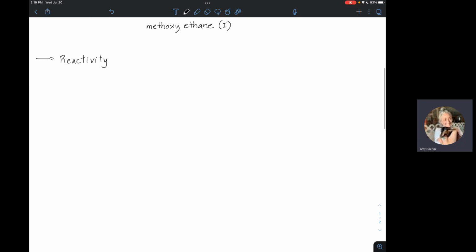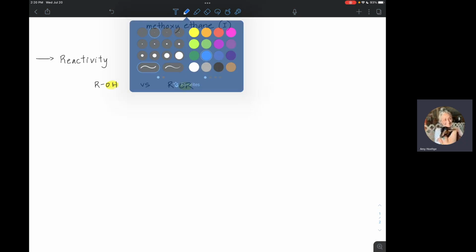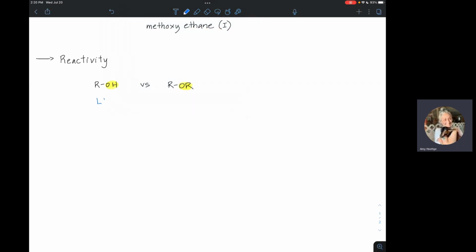For the ethers, we're going to compare an alcohol, ROH, versus ROR. So the leaving group would be, in each case, OH minus and OR minus, right? Leaving group is hydroxide.